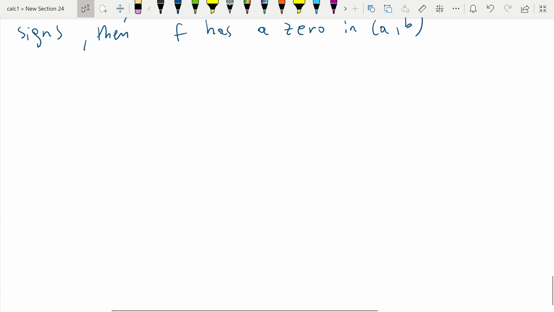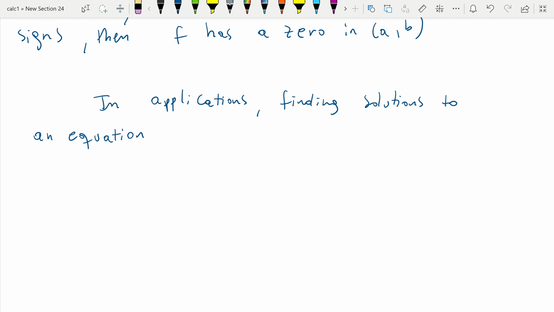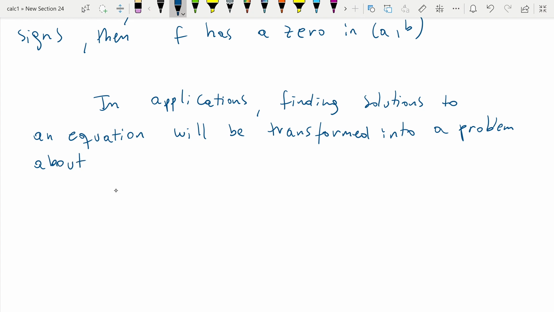So in applications, finding solutions to an equation, not actually finding them, but showing that these solutions exist, will be transformed into a problem about finding zeros of a continuous function.